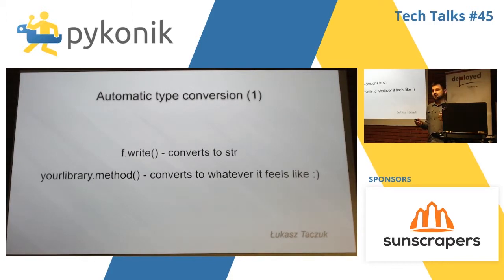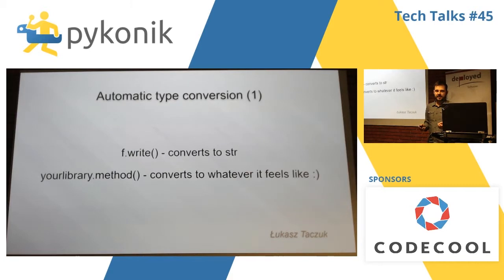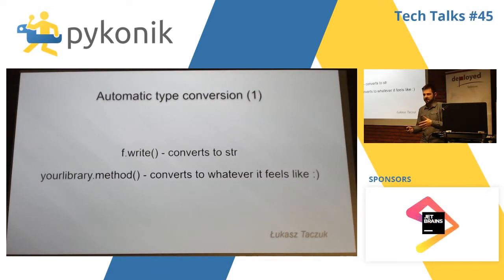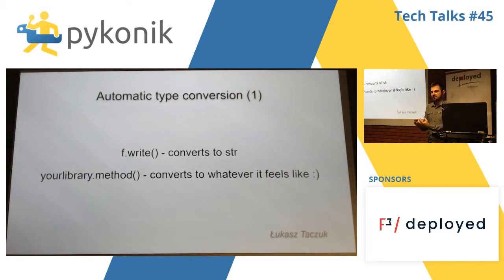The thing that you also have to keep in mind when working with Unicode is the automatic type conversion, meaning that if you write something to a file, for example, as I said previously, what you have in a file is a series of bytes, right? No one has any abstract thing inside a file because it's not possible. It's something on the disk, and on the disk you can just have bytes.